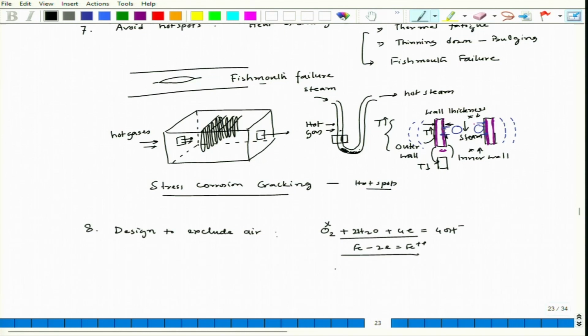Now, sometimes in some metals like titanium or stainless steel, the presence of oxygen can be helpful.